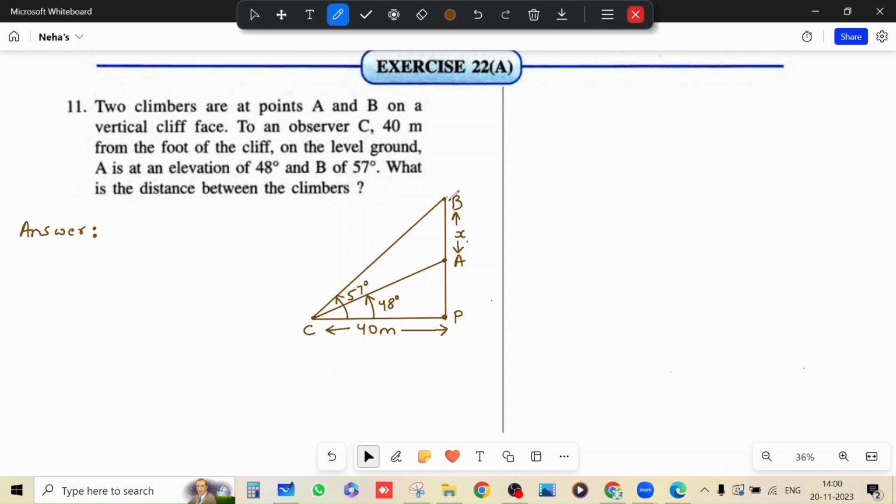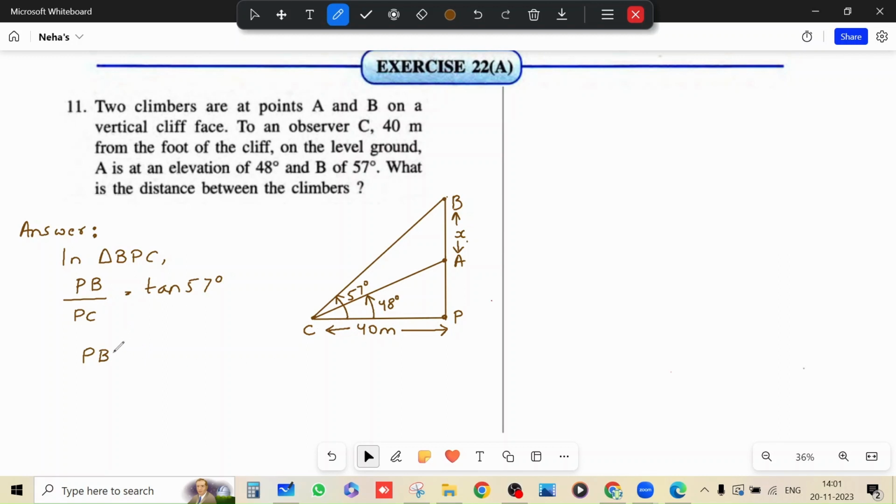So in this triangle BPC, the value of tan 57 degrees will be equal to PB upon PC, as tan theta is equal to perpendicular upon base. The value of PB right now we do not have, so we will just write it as PB.